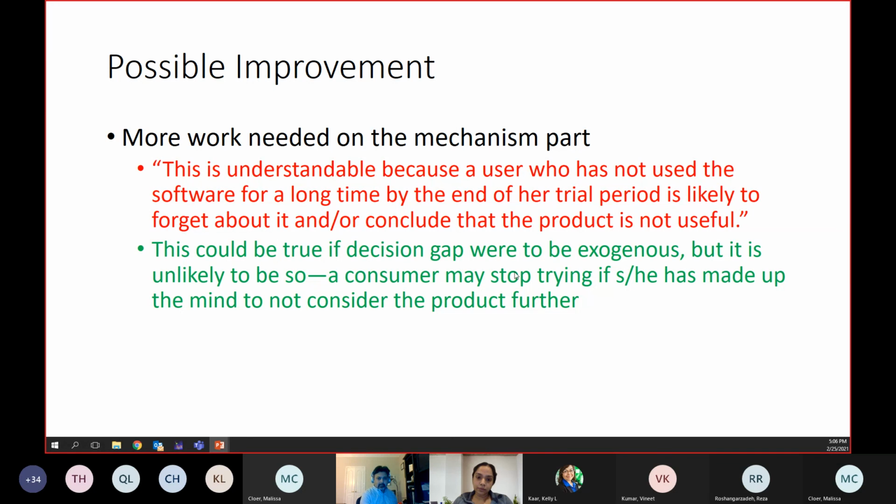It's probably not, because a consumer may stop trying a product if she has already gotten all the information she needed, and then concluded that the product was not a fit for her. In that case, the consumer might just stop using the product halfway through the trial, and that would lead to a big decision gap. So the decision gap is associated with a lower subscription rate, but we still do not know the causality aspect of it. That part is not resolved.